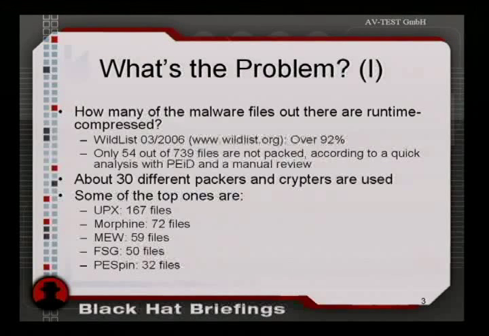The other important number is about 30 different packers and encryptors have been used to compress all these files. And you will recognize some of the top ones like UPX or FSG and PESB. And it's also remarkable that UPX is that much used because it's open source, it delivers unpacking code, and still many antivirus vendors fail to deal with that packer.